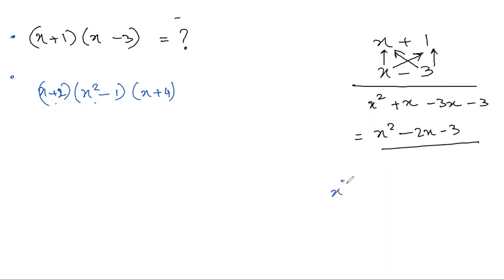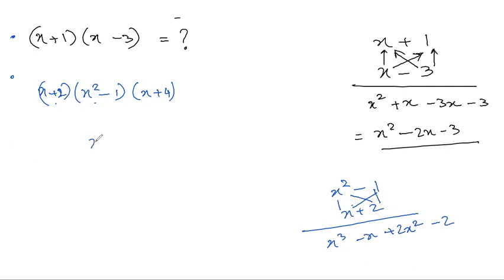Let's multiply x with x squared, x with minus 1, 2 with x squared, make sure that you write the powers correctly, and 2 with negative 1. Nothing can be grouped: x cubed, x squared, x and 2 are all separate powers. So you can at best arrange in order: x cubed plus 2x squared minus x minus 2, done.